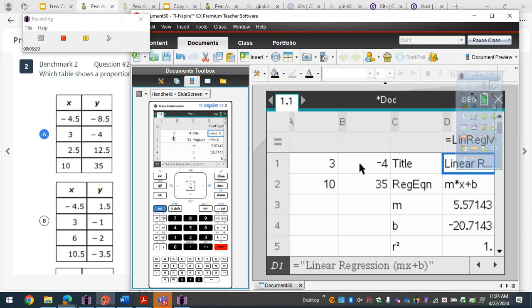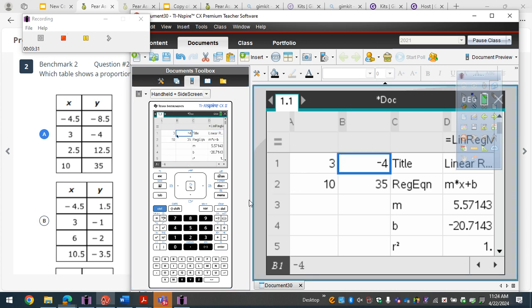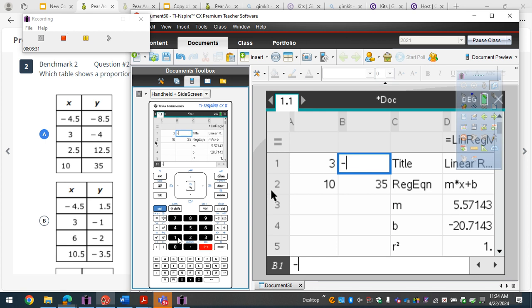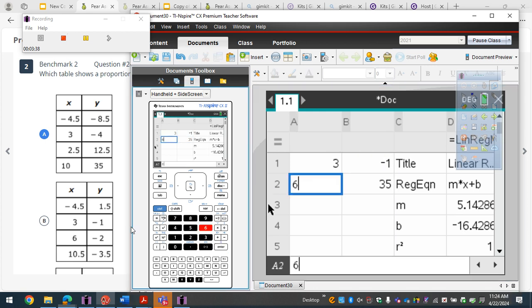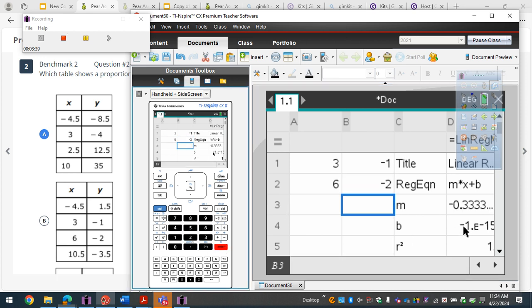Now for these out here, I actually have to change the numbers. Just type right over them. Just a -1. And a 6 and a -2. Actually, so weird. That's my answer. So glad it came out in this video here.